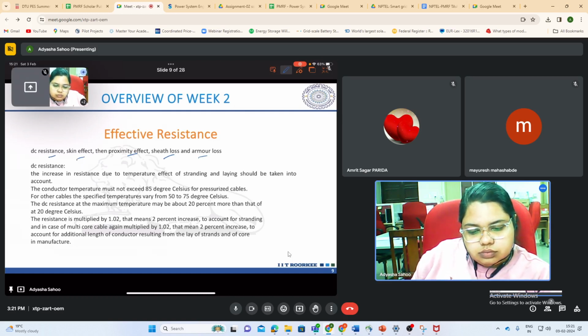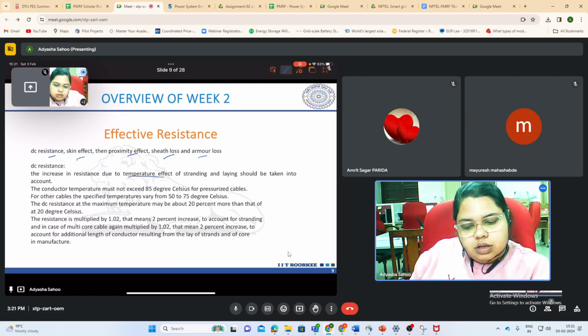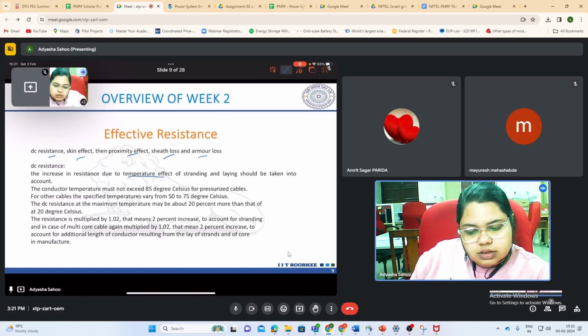For the DC resistance, we are considering the temperature effect basically. We see that the maximum temperature increases the resistance, which was at T equal to 20 degrees centigrade, by a maximum of 20%.